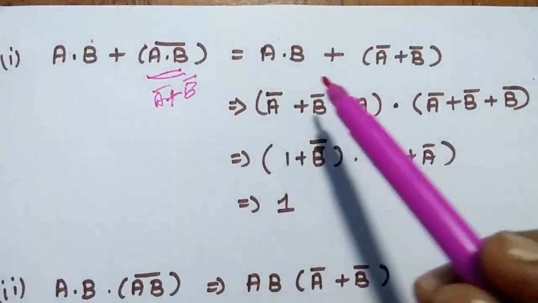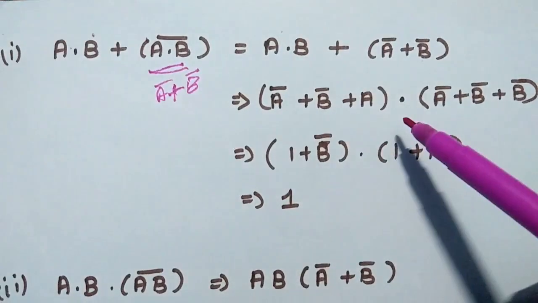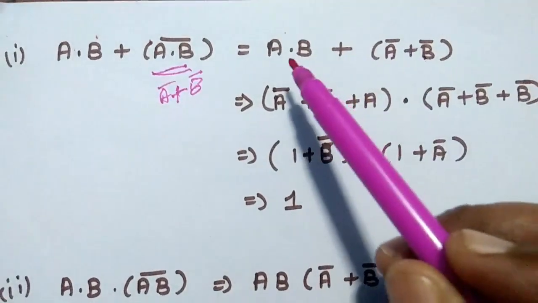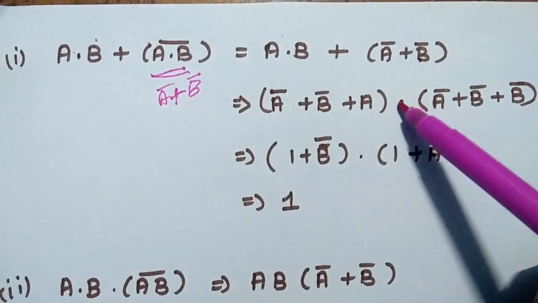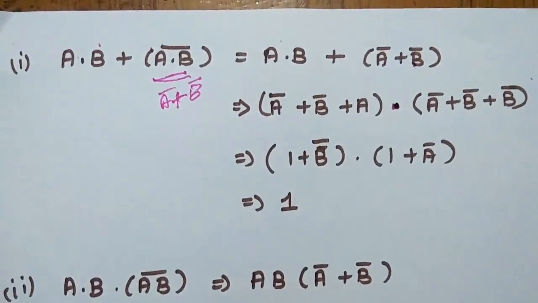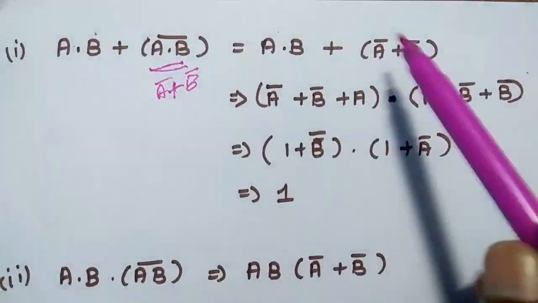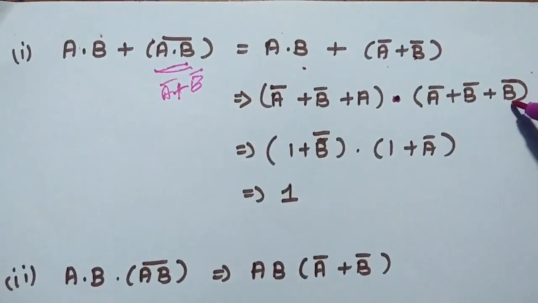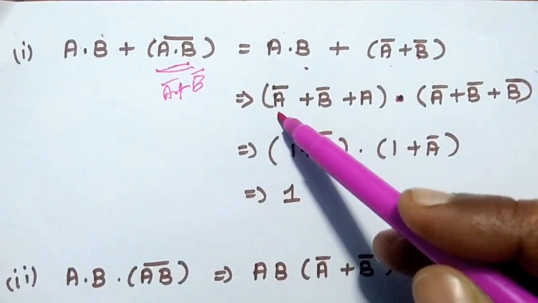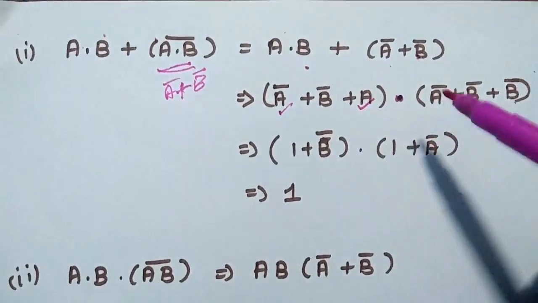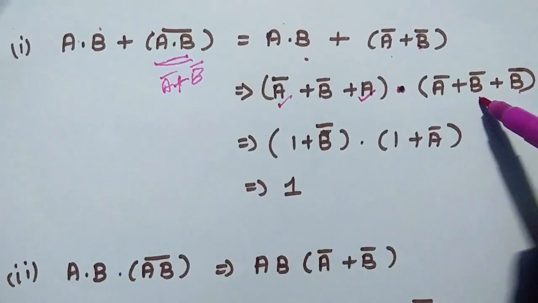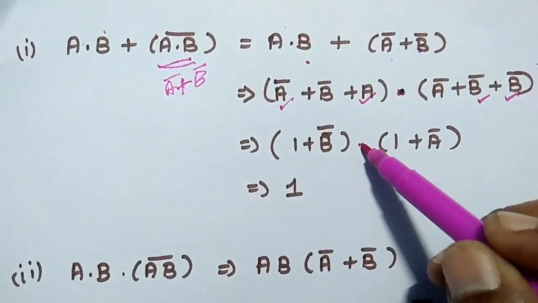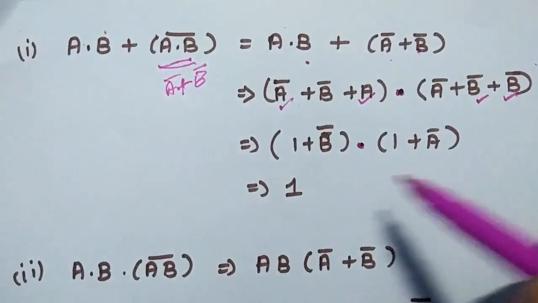So we can state the statement like this: a bar plus b bar plus a dot b. Next we know that a plus a bar is equal to 1 always. Likewise b plus b bar is equal to 1 always. So 1 plus b bar, here it is 1 plus a bar.